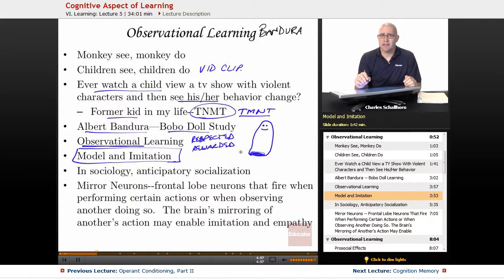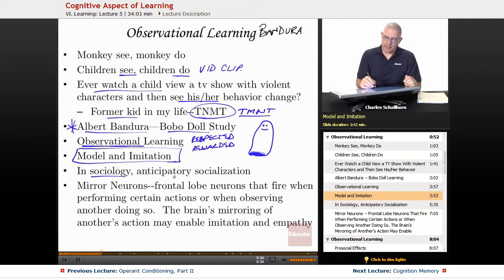Professional wrestlers do their thing on TV. There have been kids trying to imitate that, doing flying leaps and all these other sorts of things and hurting themselves and each other in the process. Children see, children do. Children will mimic the role models that they have in their lives. And so that is one of Bandura's big ideas within the learning chapter, modeling and imitation. So if you have the model, there will most likely be an imitator.